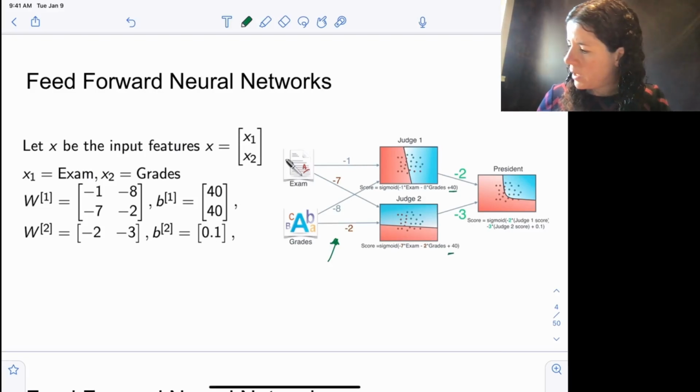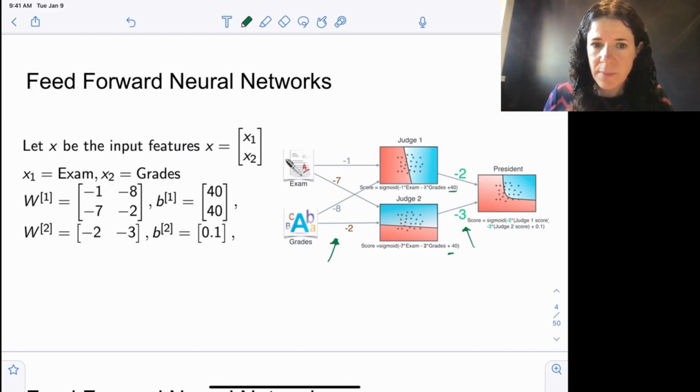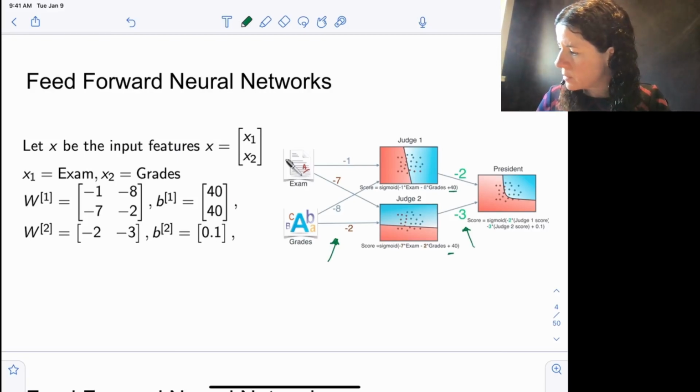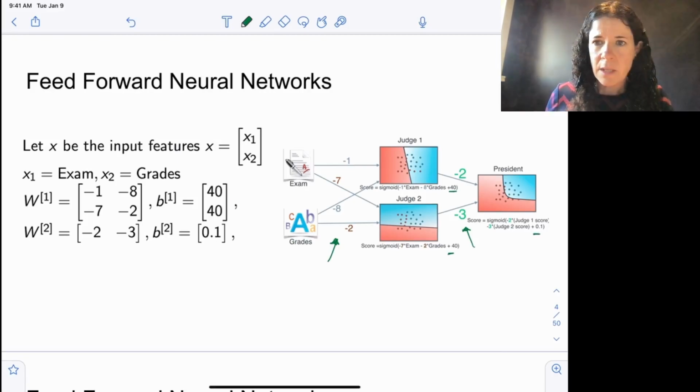Then W2 are the weights we see in this second layer, and B2 is the bias that we see here. So here are the parameters of this particular network. How many parameters do we have here? In the first layer, we have W1, which is a matrix with 4 numbers, and then B1, the bias, which has 2 numbers. And then W2 has 2 numbers, and the bias has 1 number. So in total, we have 9 numbers. Those are the number of parameters we have in this small network.